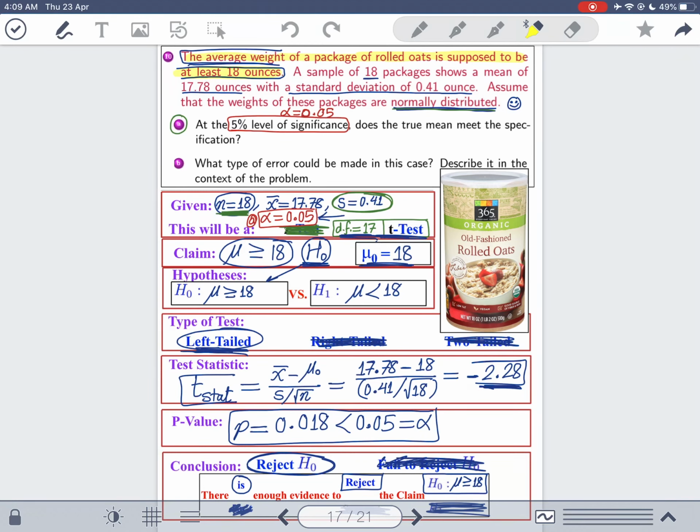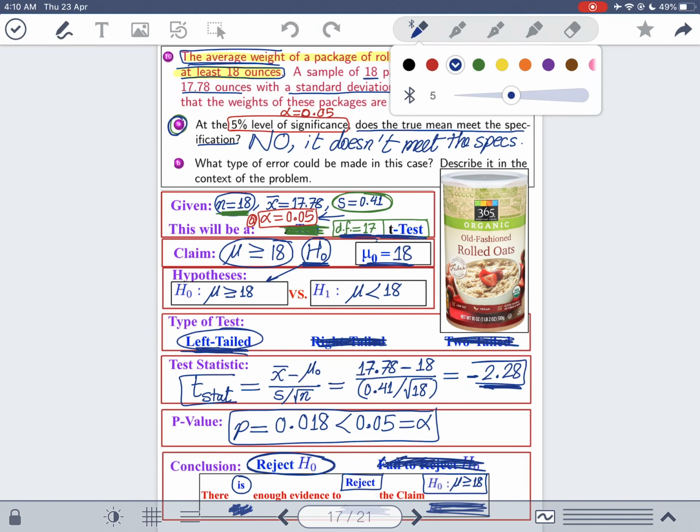And then we found that we have enough evidence to reject it. So the question is, in A, does the true mean meet the specifications? The answer is no, it doesn't. Based on the sample that we took, it doesn't meet the specifications. So I can say it doesn't meet the specs. So the answer to this is done.